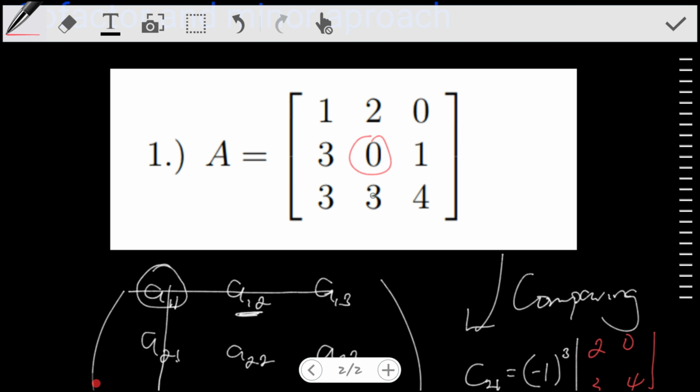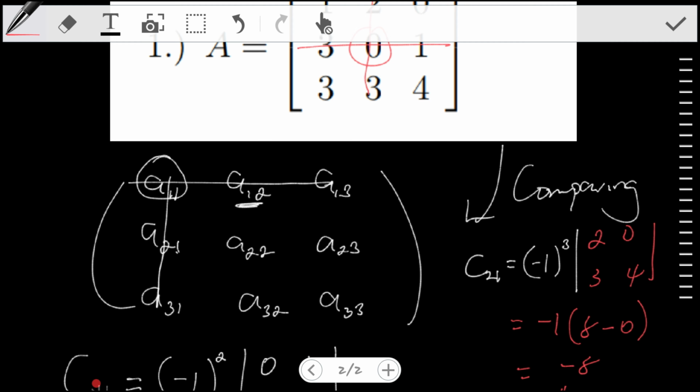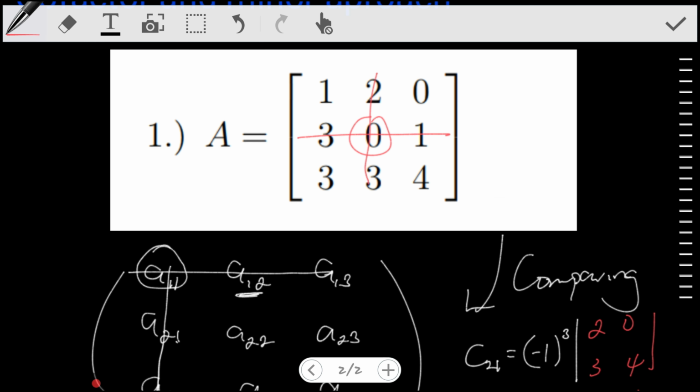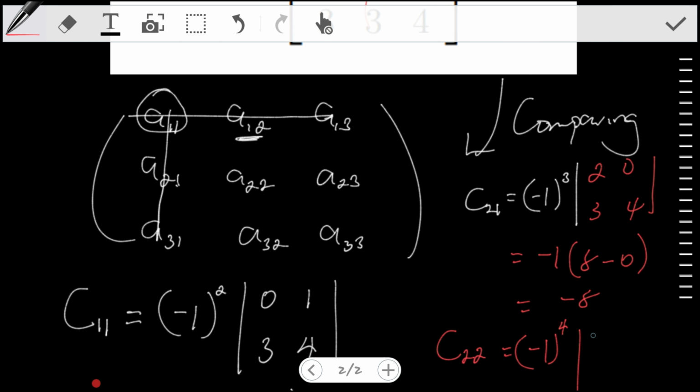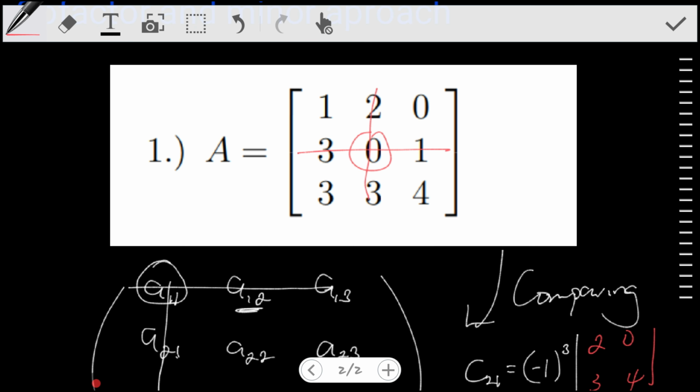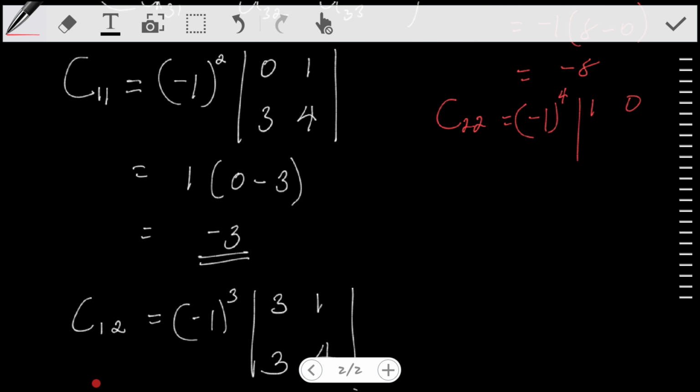We are going to eliminate this row and this column. So what we are going to have is 1 0, 1 0 in that case, and then 3 4.